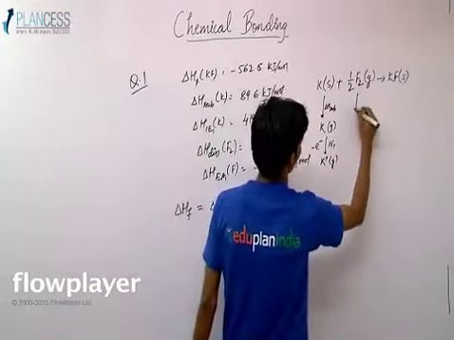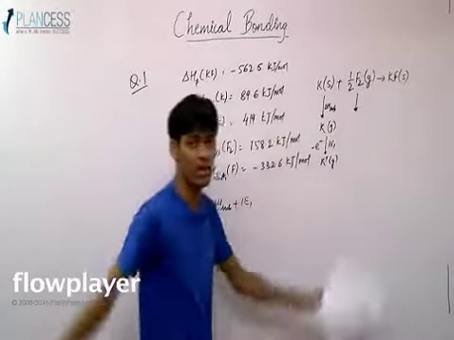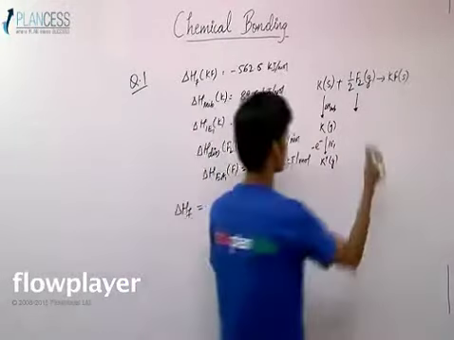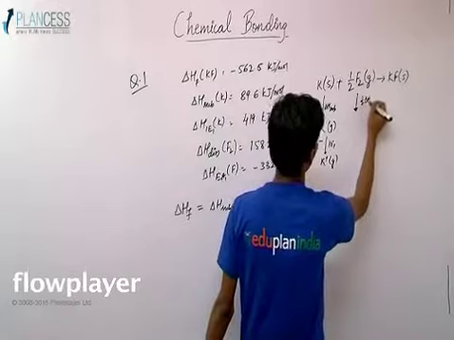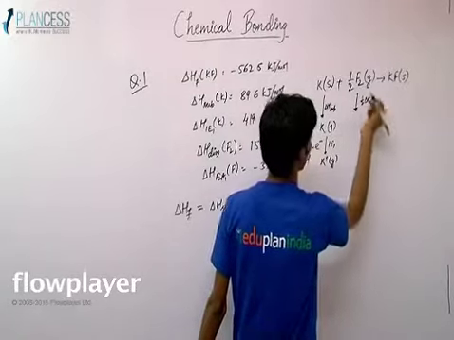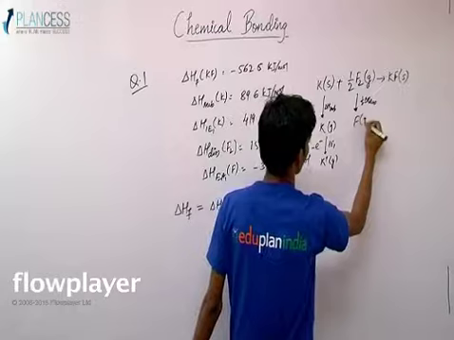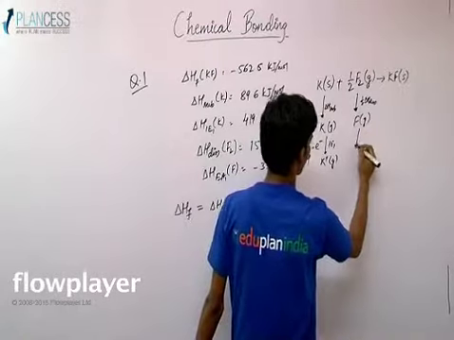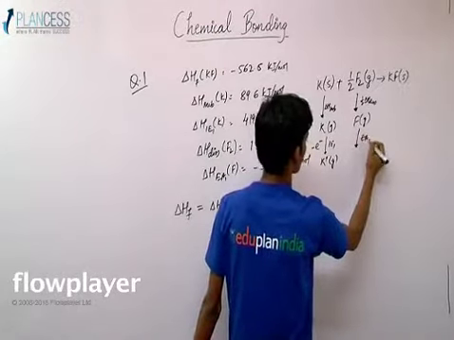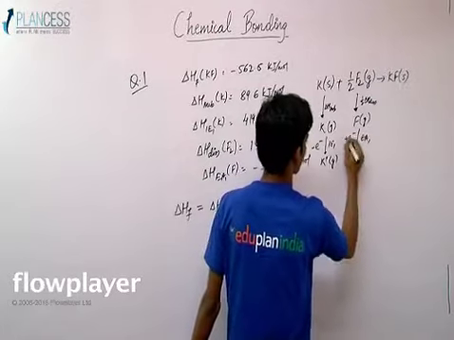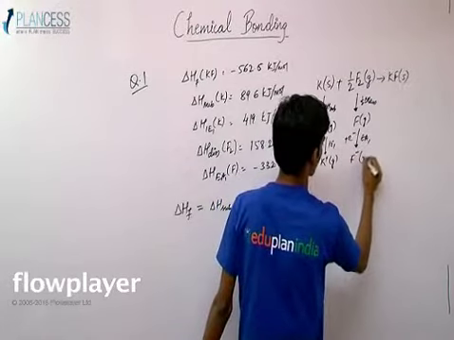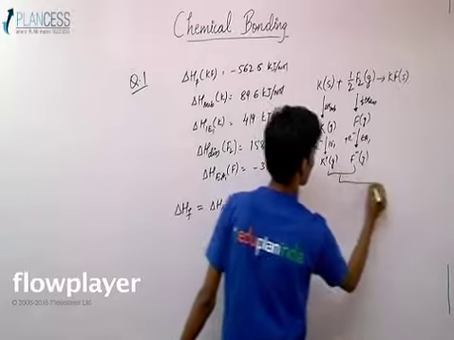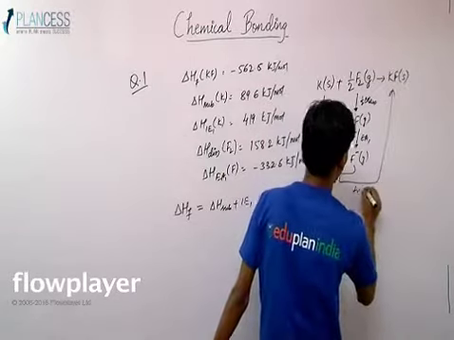Then it would be the delta H dissociation, and since we are using only half a mole, we use half into delta H dissociation for the fluorine molecule, so it will give us the fluorine atom. Then we will use the first electron affinity of fluorine, so it will give us F minus, and these will combine to give us the lattice enthalpy.